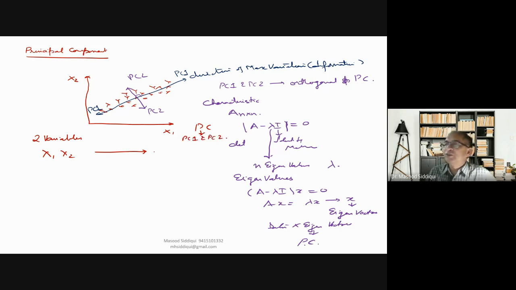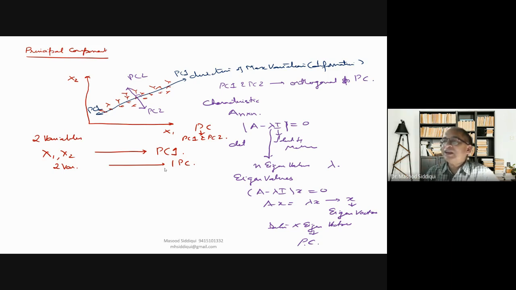Suppose we want to reduce data. So if we take only PC1, we are reducing two variables into one principal component, and thereby sacrificing a small amount of variation that is being covered by PC2. So here we are reducing the data, and what we are sacrificing is the remaining information that is being covered by PC2.